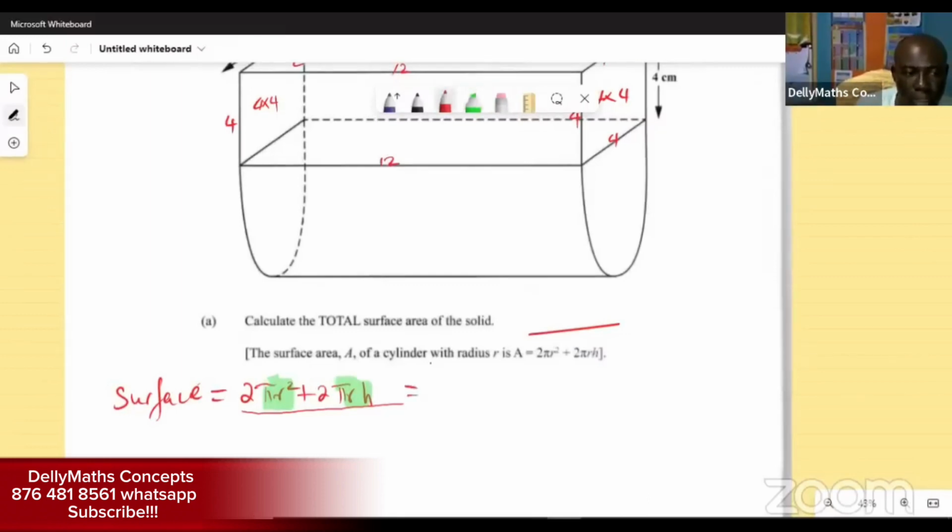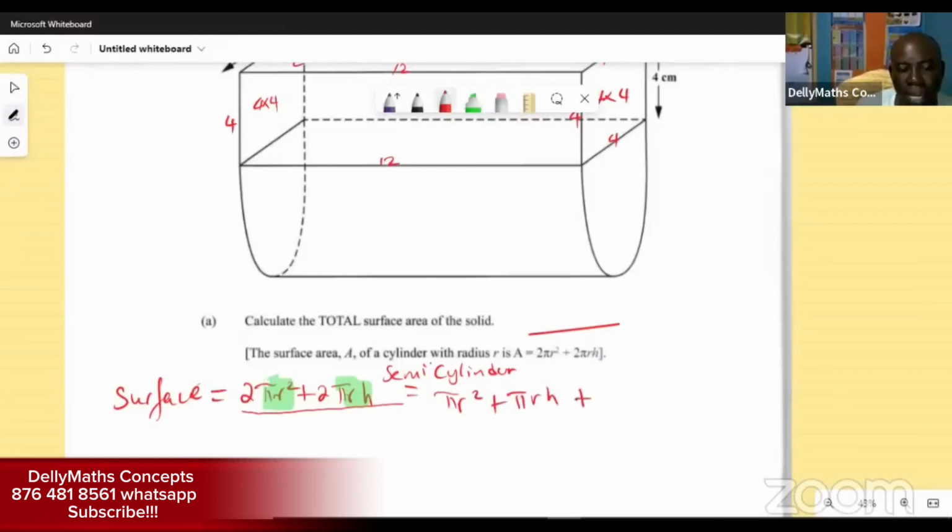So then, since it is a semicircular cylinder, I'm going to be using pi r squared plus pi r h.